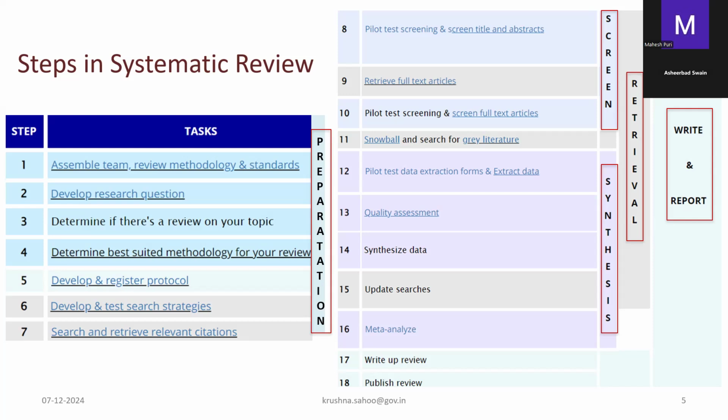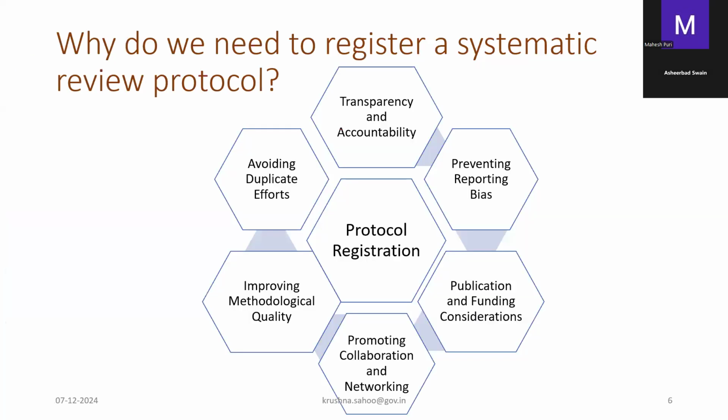Okay, then let us see all these things. So avoid duplicate effort, which she already said. Another thing is transparency and accountability. When you are registering, you must maintain transparency and accountability. That means you will not only register, you have to complete it. You also share what you are going to do, the complete methodology. It is just like before you start your research, you submit your project proposal.